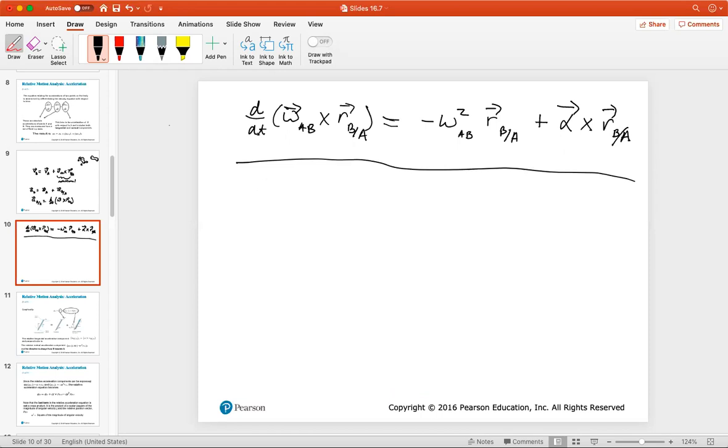In detail, I would just take these derivatives and I would get omega vector dot AB cross R vector B relative to A plus omega AB cross, and then you would have the derivative on the relative vector. But the derivative, okay, let me write that down.